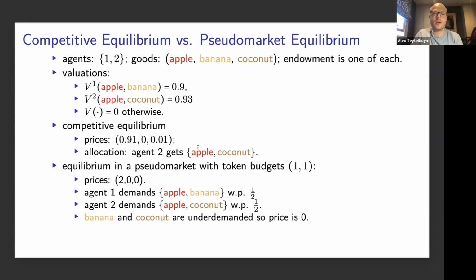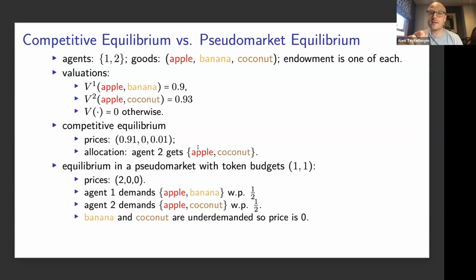This is the rough intuition. So in particular, agent 1 demands bundle apple and banana with probability half. Agent 2 demands bundle apple and coconut with probability half. Note in this process, I haven't used the actual valuations in any way. Whether it was 0.9 or 0.93 or 400 million made absolutely no difference.